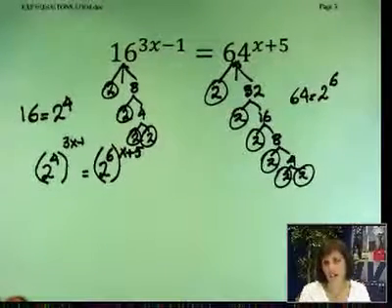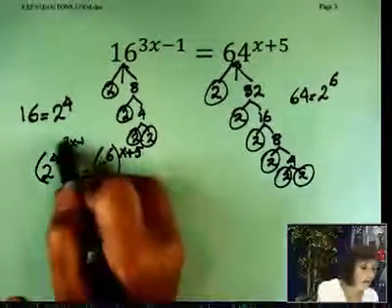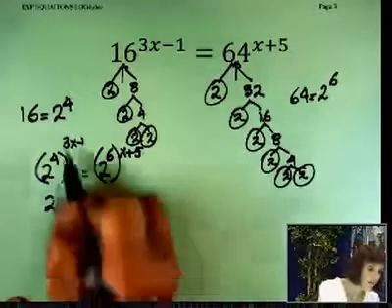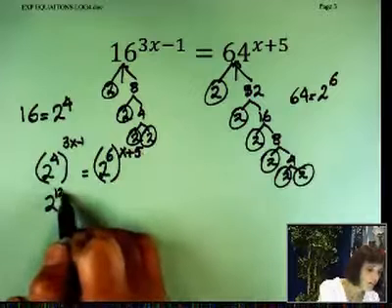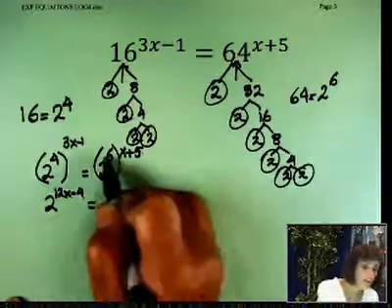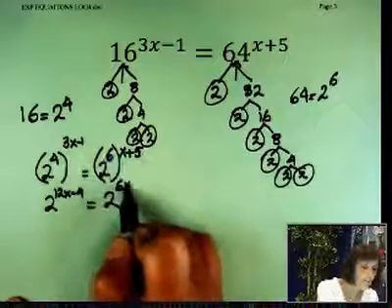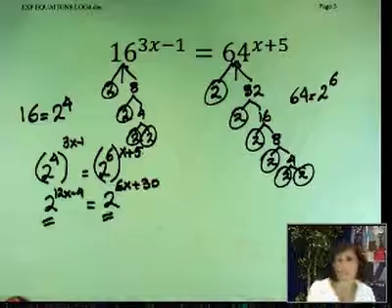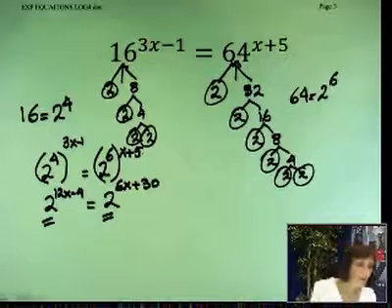Before I start solving, exponent of an exponent, what does that mean? You have to multiply them. 2 to the 3 times 4, 12x minus 4. 2 to the, multiply it out, 6x plus 30. Now bases match. That means the exponents have to match.